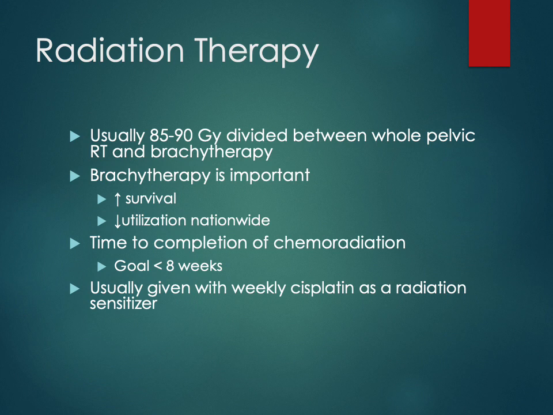And so typically, the typical dose is 85 to 90 gray divided between whole pelvic radiation, which is typically given 5 days a week over about 7 weeks or so, and brachytherapy, which is used with devices such as the tandem and ovoids or the tandem and ring, where these are placed within the patient and a radioactive source, usually iridium-192 or a related radioactive source, is used to deliver the radiation directly to the organ that's affected by the cancer, so directly to the cervix and to the parametria.